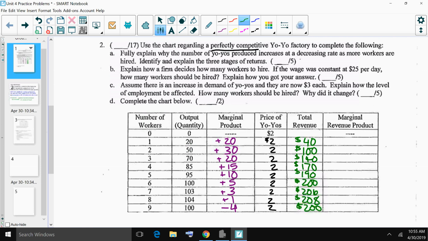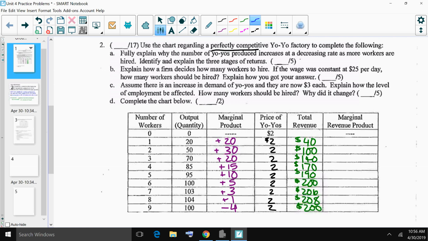So finally, the last thing I'm going to find is my MRP, my marginal revenue product. And I can find this by looking at the change in total revenue divided by the change in our workers. All right.